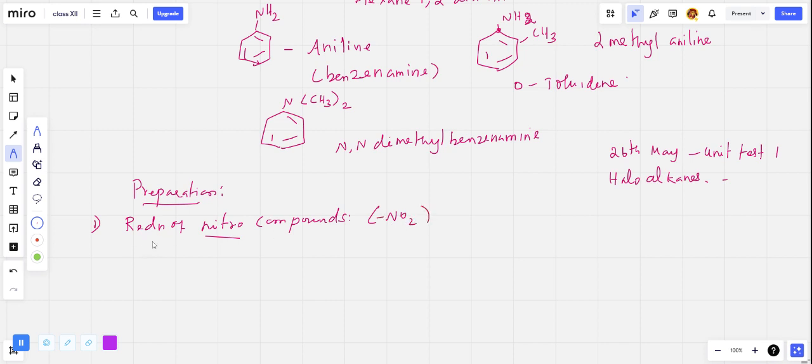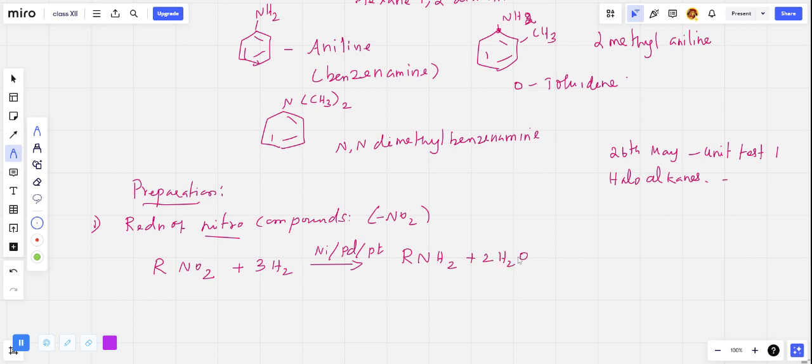The reduction of nitro compounds by passing hydrogen in the presence of nickel, palladium or platinum gives an amine, RNH2.